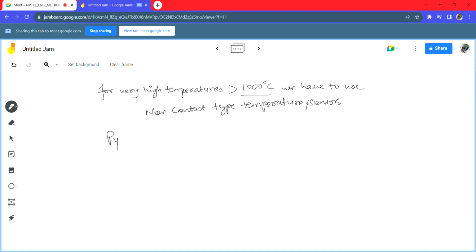Pyrometry is one technique. We will not take up this in this class. We will start with this in the next section. But pyrometry is one of these classes wherein we do not bring the sensor in contact with our surfaces, but without touching, we analyze the temperature. Okay, so we will end the discussion on temperature sensors here. We'll take a short break and then we will start with pressure measurements.